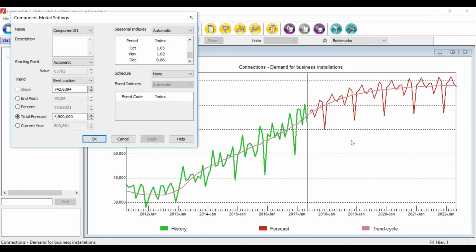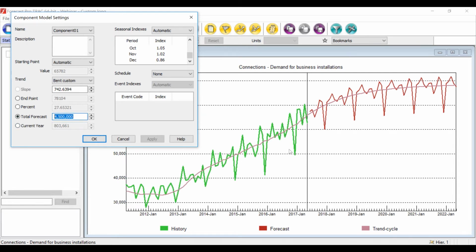Then I would say my launch horizon is 12 months, and the launch total would be how much I expect to sell in that 12-month period. This is similar, but my horizon here is 5 years. And during that 5-year period, according to my current model, we will sell 4.5 million units.